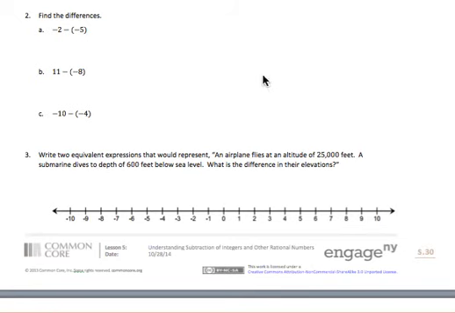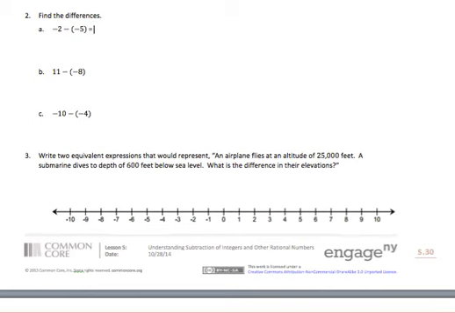In exercise 2, we're going to extend that and just find some differences. I'm just going to provide you with some answers along the way. -2 minus -5, if we change that to addition and add the additive inverse, we would be doing -2 plus 5, which is 3.